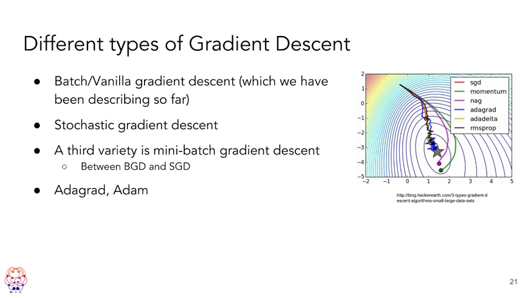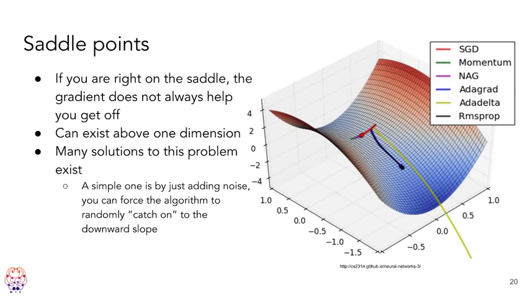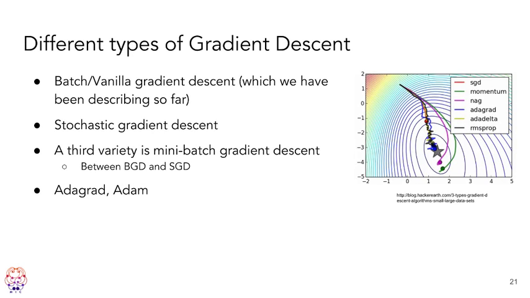And then there's a third variety called mini-batch gradient descent, which takes the best of both worlds. It balances the computational expense of having to calculate the gradient over the entire data set versus just one value. We also saw before on this slide that having a little bit of random noise, indicated by stochasticity, also known as randomness, helps you out, and it works very well.